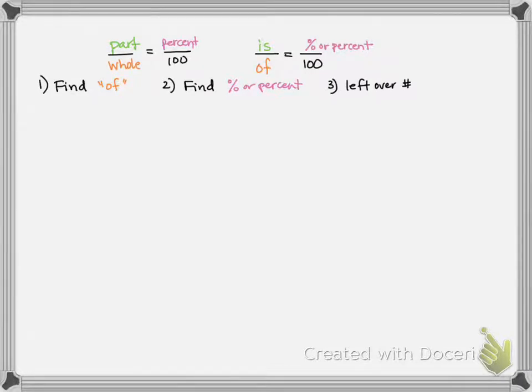And then that would be your is. I forgot to put quotations on mine. Okay, this all becomes a lot more clear when we start doing some examples. So the directions are going to ask you to find the missing value.